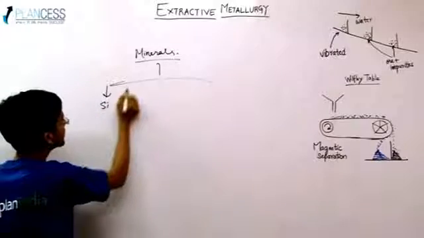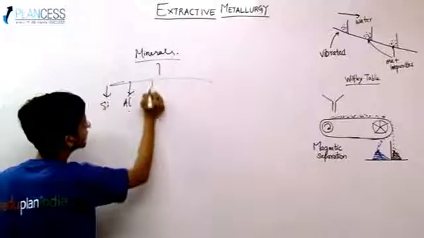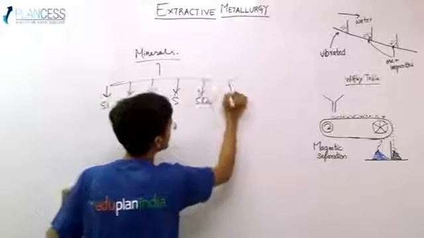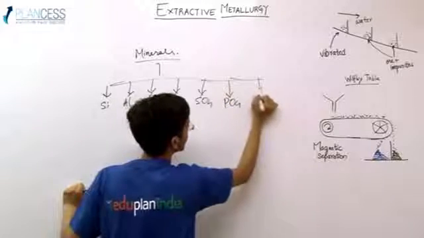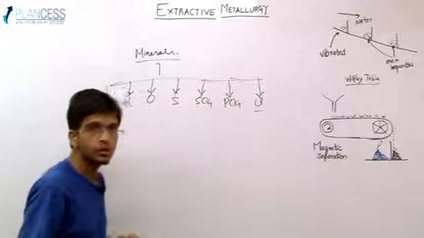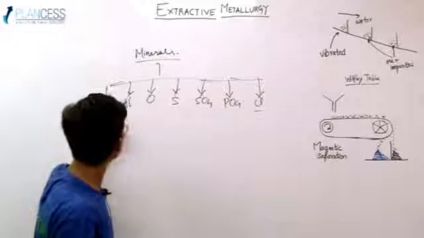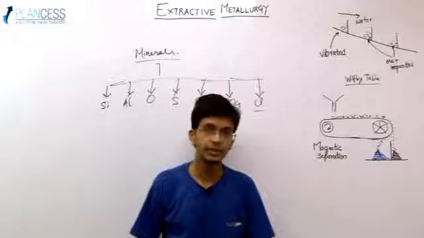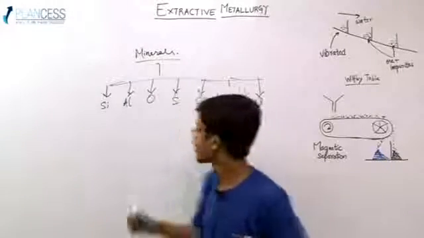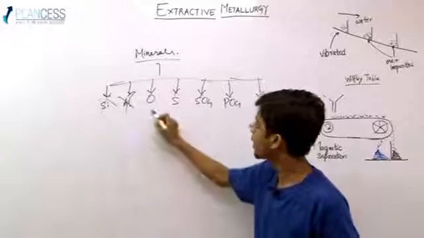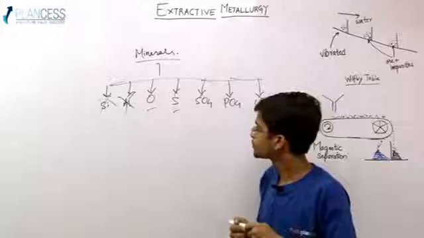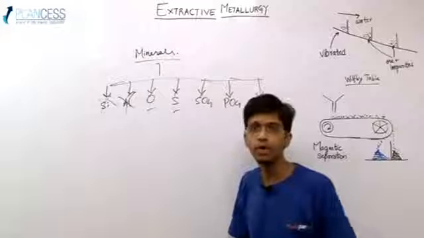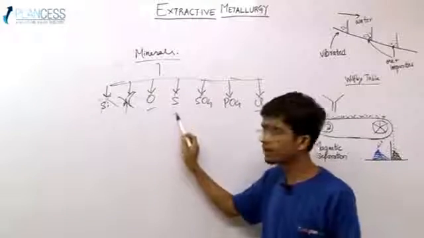First is silicate, second is aluminate, third is oxide, fourth is sulfide, then sulfate, phosphate and halides, let us say chlorine for example. The most abundant of the minerals are silicates and aluminates, but unfortunately it is not possible to extract the metals from them at profit. So these go waste. The most important are oxides and sulfides, the most abundant useful ores of metals.